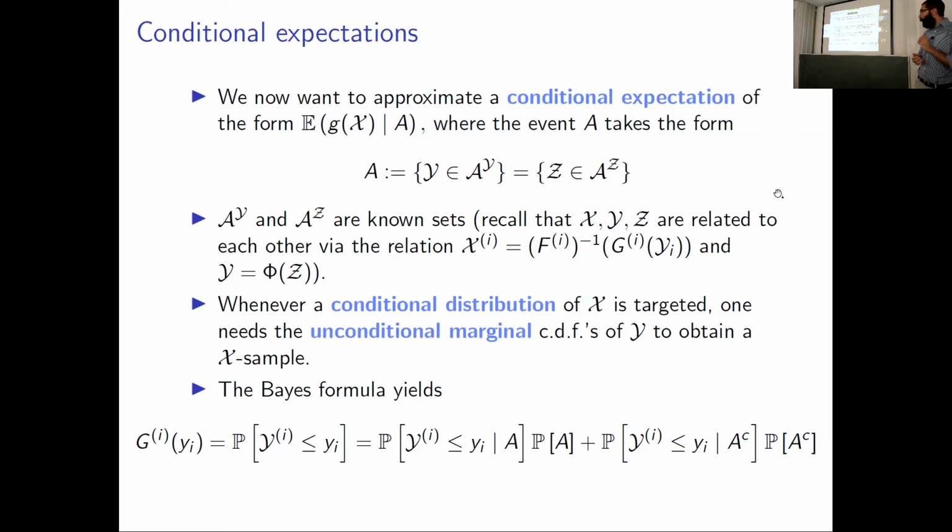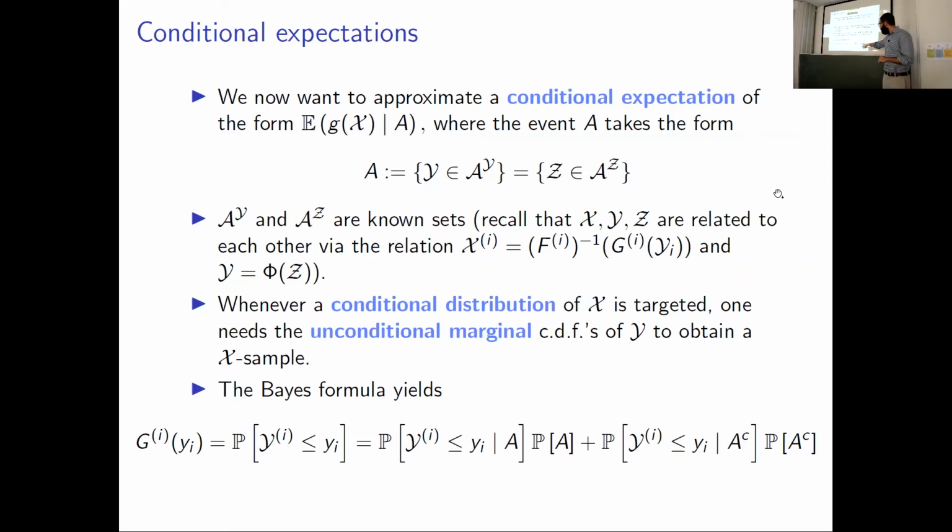So what is the problem here? Whenever I'm targeting a conditional distribution on X, I will unfortunately need not just the conditional distribution in Y, but the unconditional distribution in Y as well. And I'll show you why. Just remember that the Bayes formula will give you something like this. If G is the marginal of Y, I can write this as the c.d.f of Y conditional on A times the probability of the event A, plus the other term, which is Y given A complement and the probability of A complement.